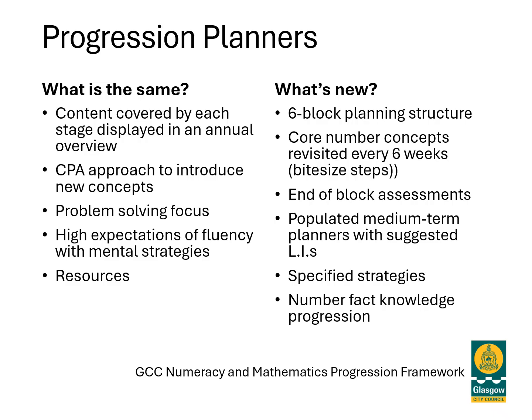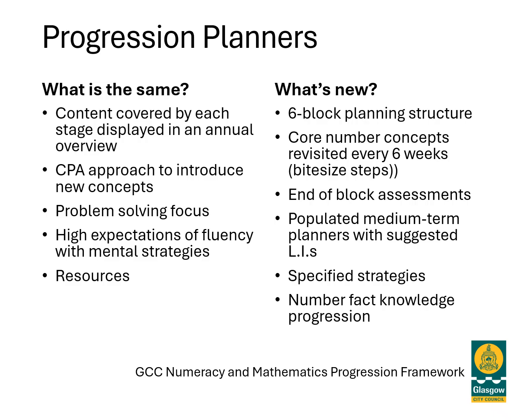What is also new in our progression framework is more direction in terms of the age and stage appropriate calculation strategies that we would hope learners were moving on to as they move through the primary stages.